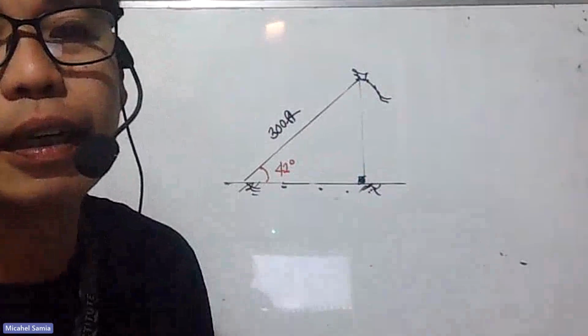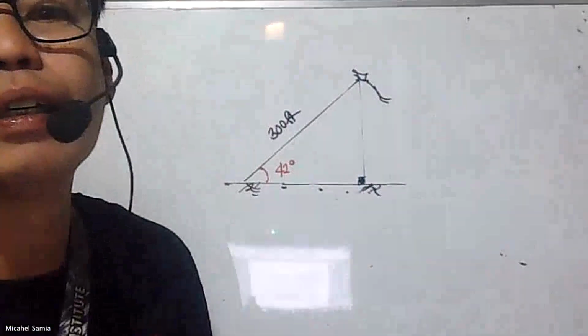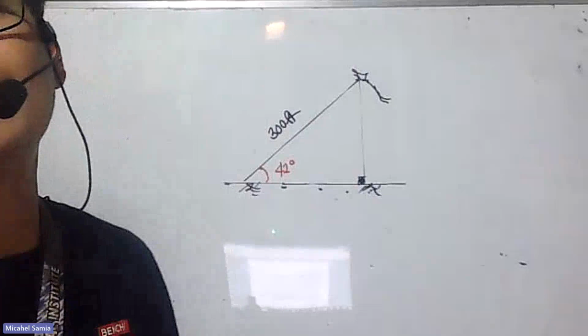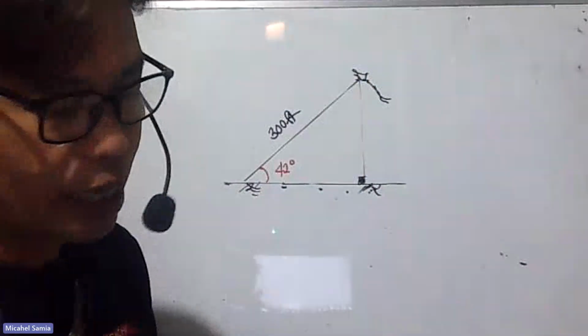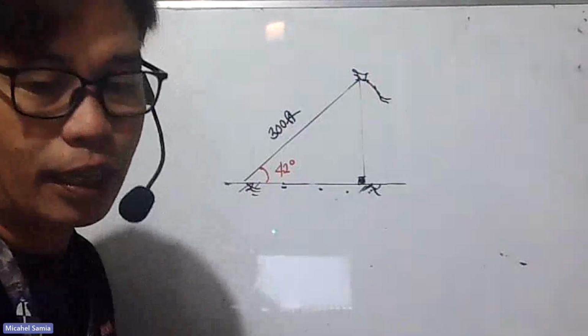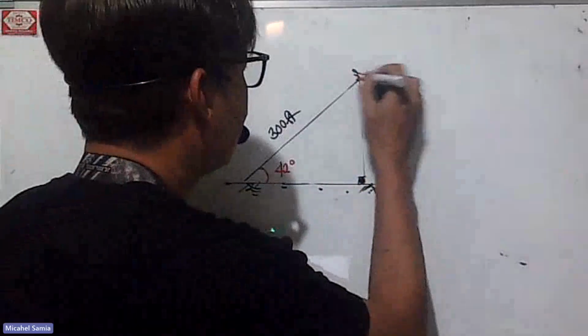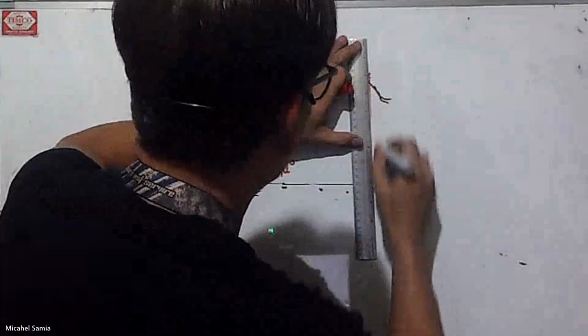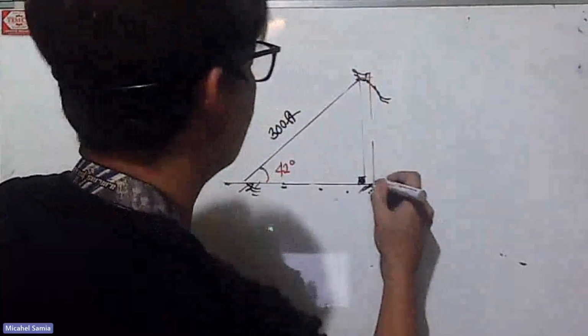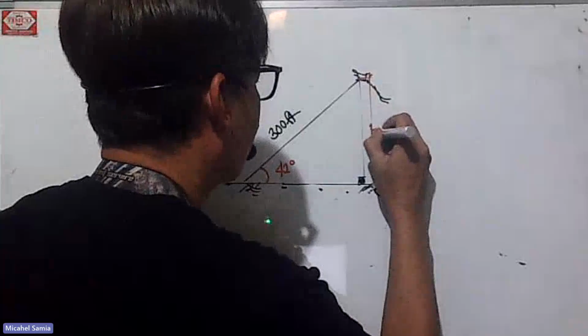How high is it from the ground? This is its vertical distance, meaning how far the kite is from the ground. This part is what we're looking for. So this is your height.